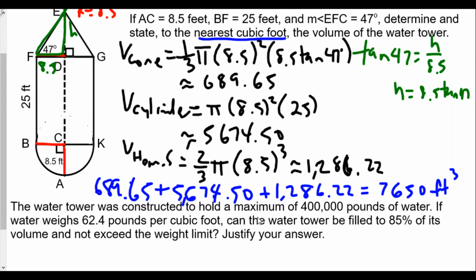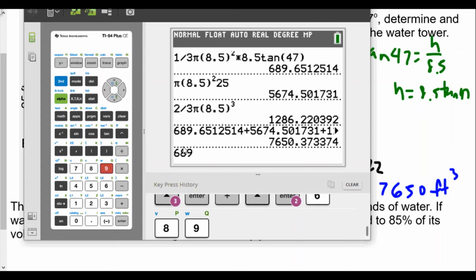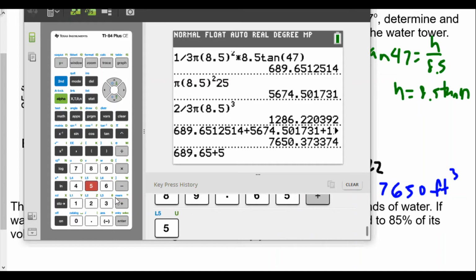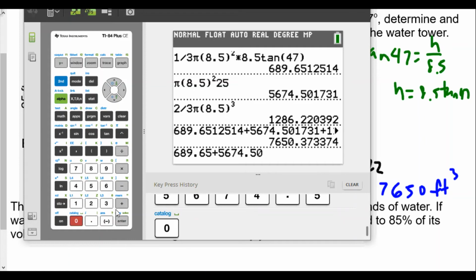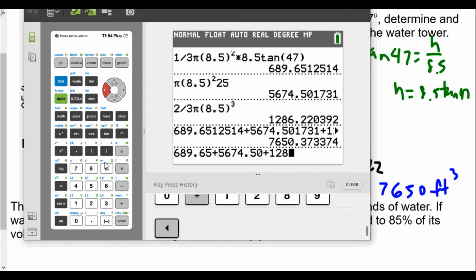Okay, let's go back to the calculator. What if we add 689.65, and we're going to add 5,674.50, and then add to that 1,286.22.